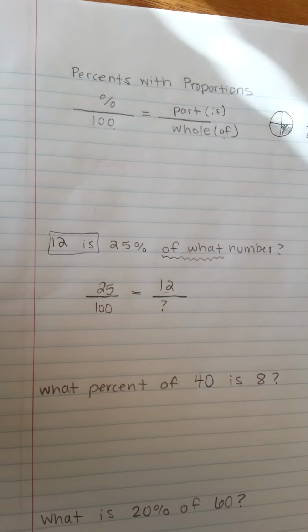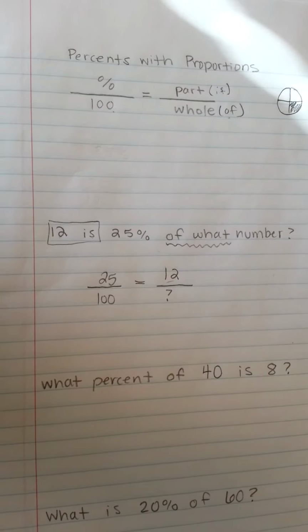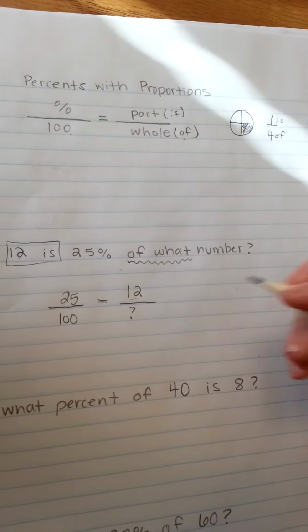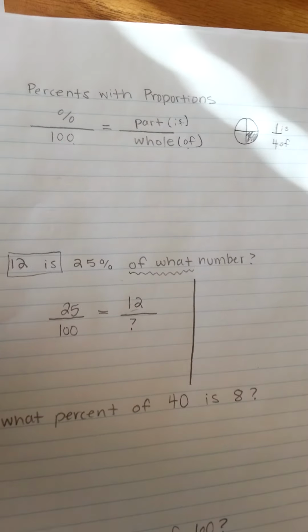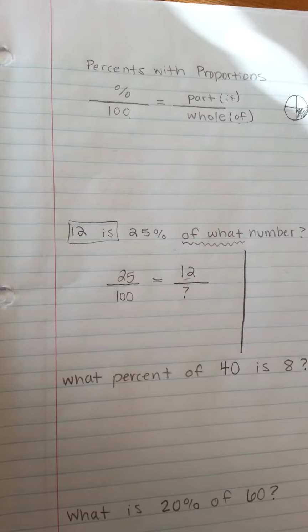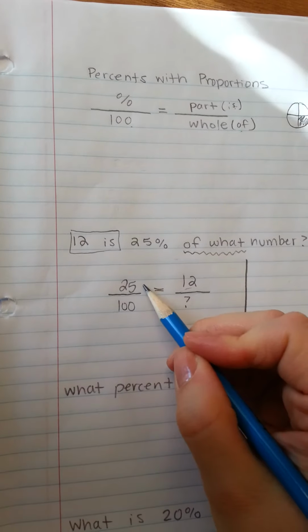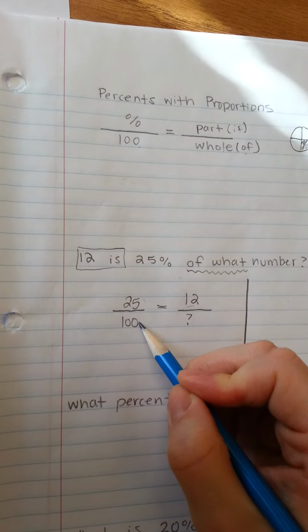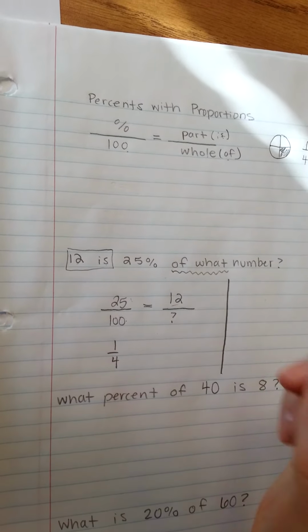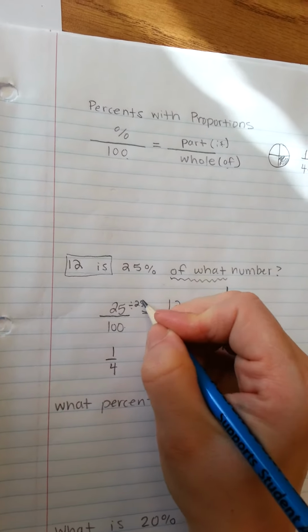Now, I can solve this proportion 2 different ways, and I'm going to show you both ways. First, I could solve this proportion by always simplifying first. 25 over 100 simplifies to 1/4. I divided by 25 to do that.